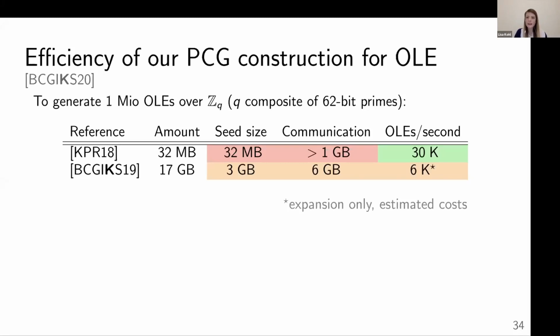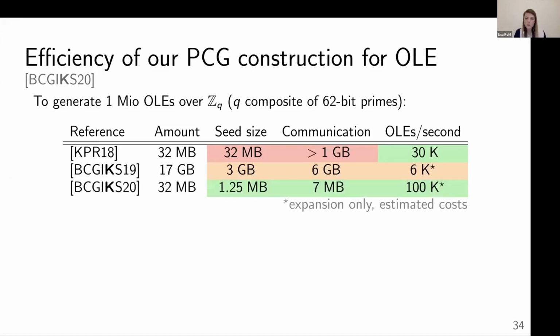This gives you some reasonable efficiency, but only if you start with a very large seed, because LWE ciphertexts are very big, so you have to start with 3 GB seeds to even get any expansion. Then you get much less communication, 6 GB, but it gives you 3 GB and not just 32 MB.